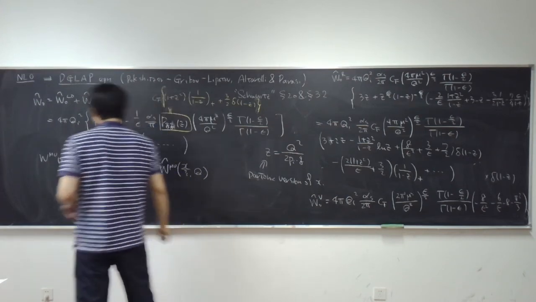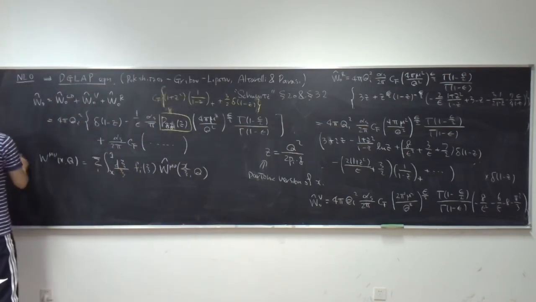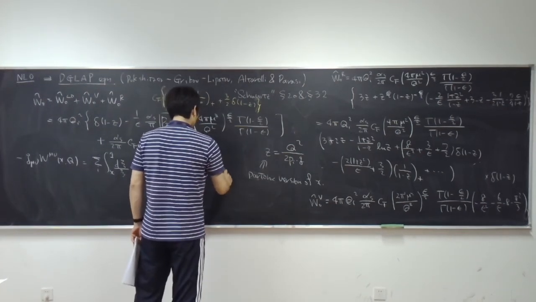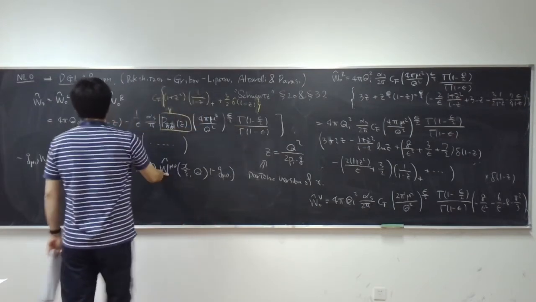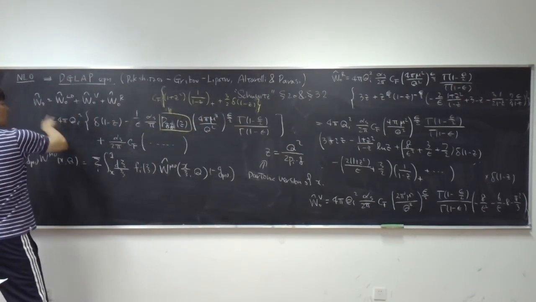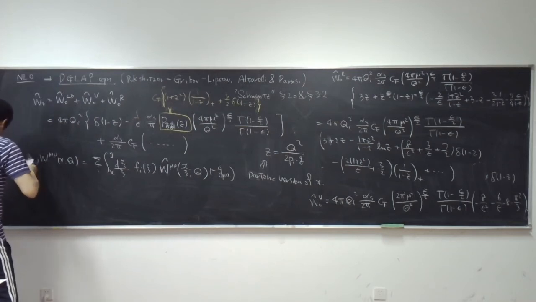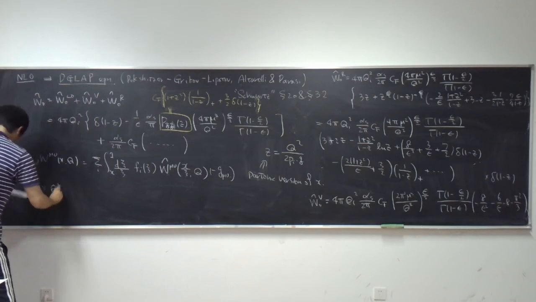So this is the original formula, and you just contract with minus g mu nu here, and this becomes W0 hat. Plug that one into here.